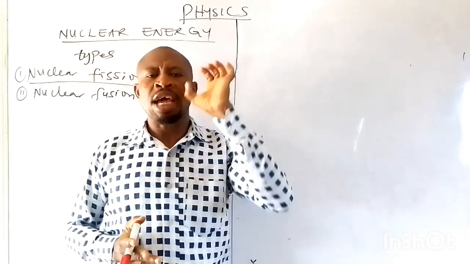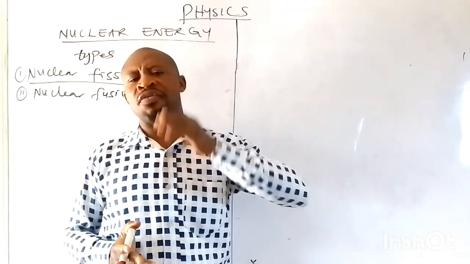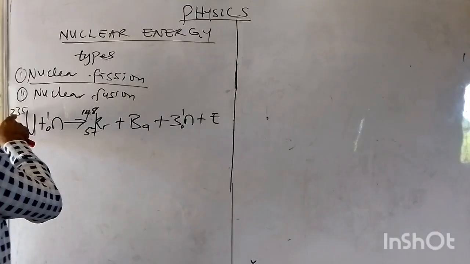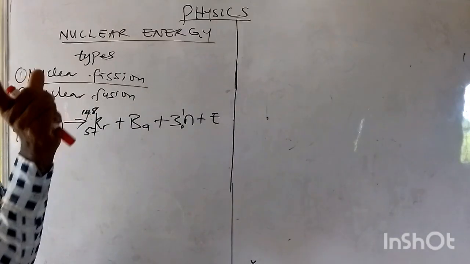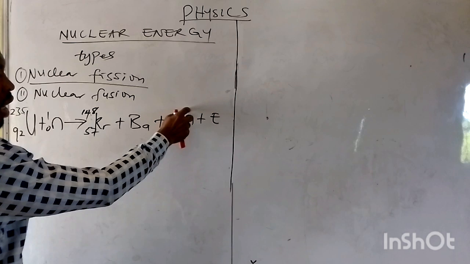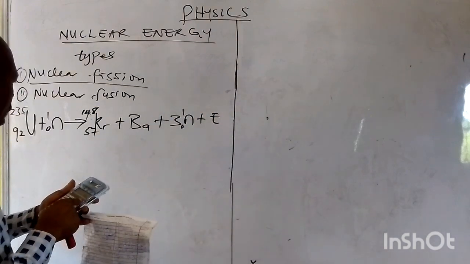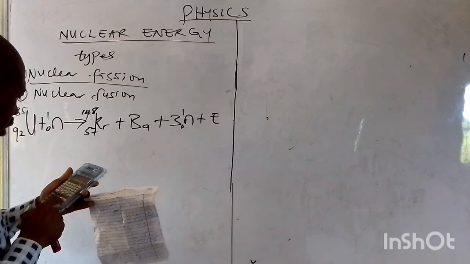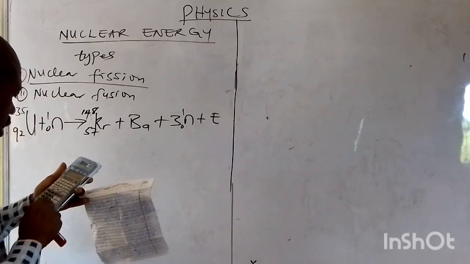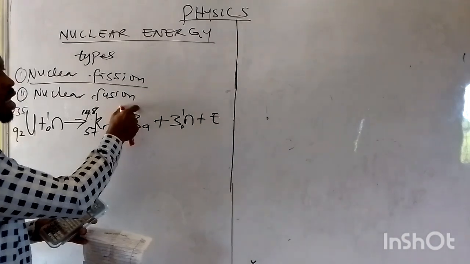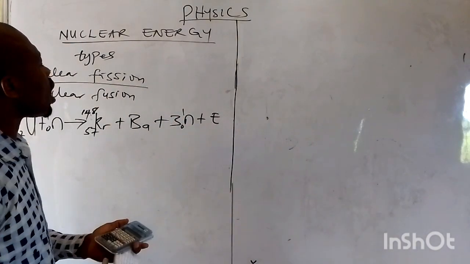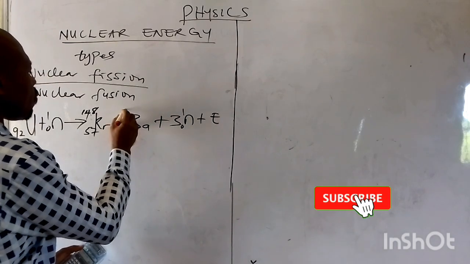So once we bombard a heavy element, for example, uranium 236 minus 148, whatever we have, remember there is 3 here also, so we can now have 236 minus 148, which will give us 88. Now this 88, we subtract 3. If we subtract 3 from here, we now have 85.